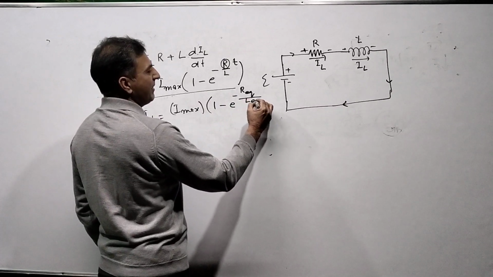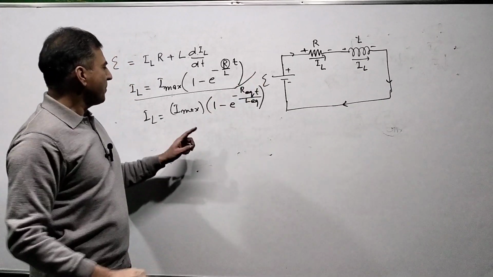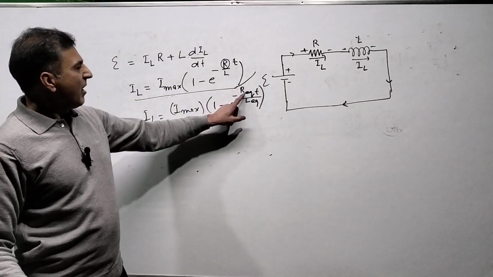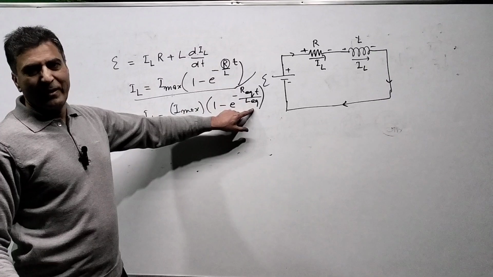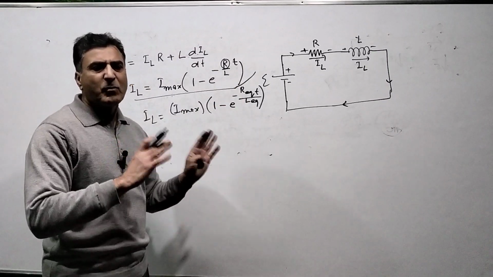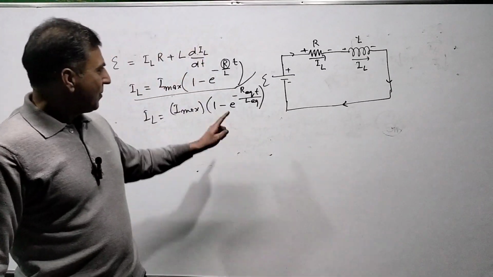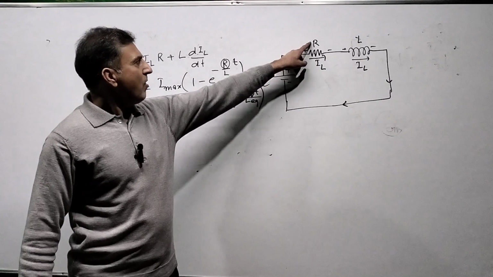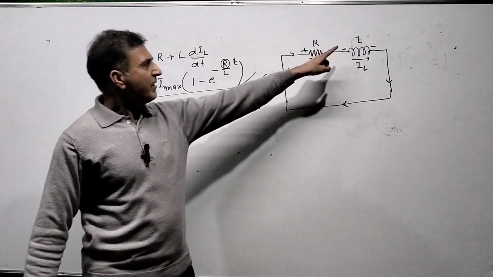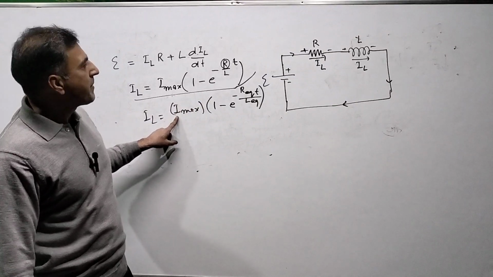Divided by L equivalent, into T. So in the given circuit, what I had to find are I max, R equivalent and L equivalent. Once I know these, I will write this answer directly for any circuit that I have. So what is R equivalent here? That's only R. What is L equivalent here? That's only L. What is I max?